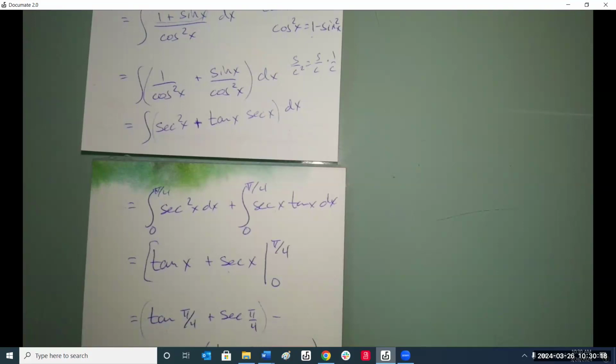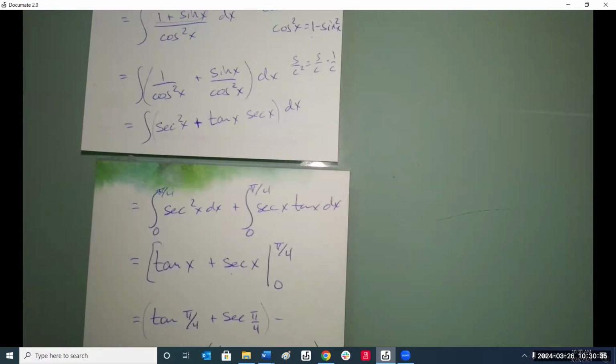Secant pi over 4 is 1 over cosine. Cosine pi over 4 is square root of 2 over 2. Minus tangent of 0, sine of 0 is 0, so it's 0. 1 over cosine of 0 is 1. We have 1.